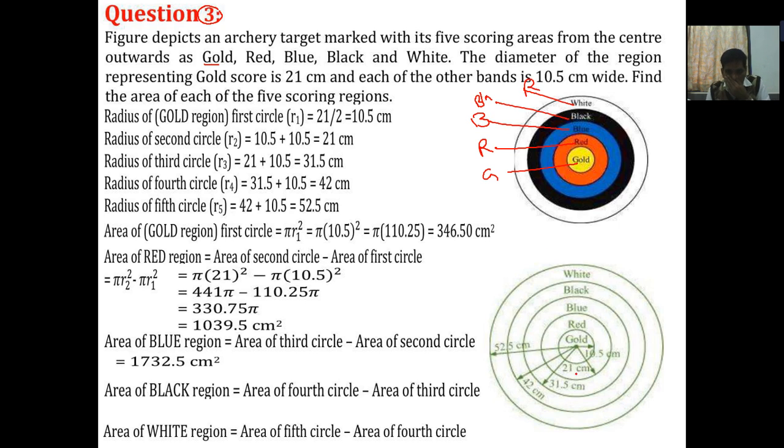So here we describe in form of diameter. So gold diameter is 10.5 because diameter is given 21. Diameter is given 21, so radius is equal to 21 by 2, that is 10.5.